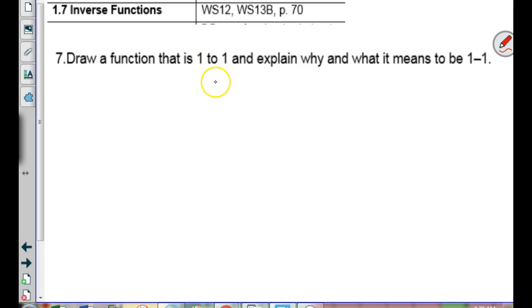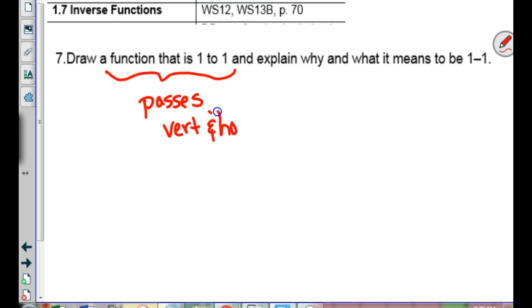How do I draw a function that is 1-to-1? Does anybody remember what that means? It means that it passes what? And? So what could I draw?